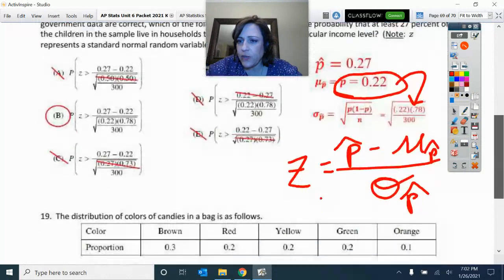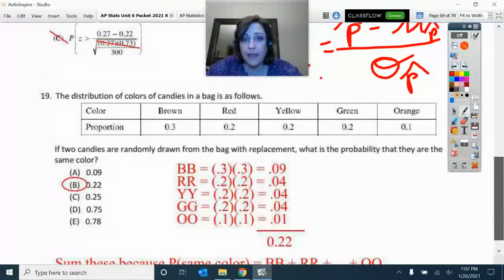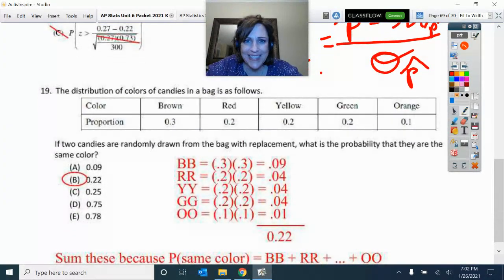All right, next we've got this here. This one I think was a pretty straightforward, easy probability distribution to understand. We were drawing from a bag, and it was with replacement, so what's that telling us? That drawing a second brown candy has the same probability as the likelihood of it being drawn the first time.